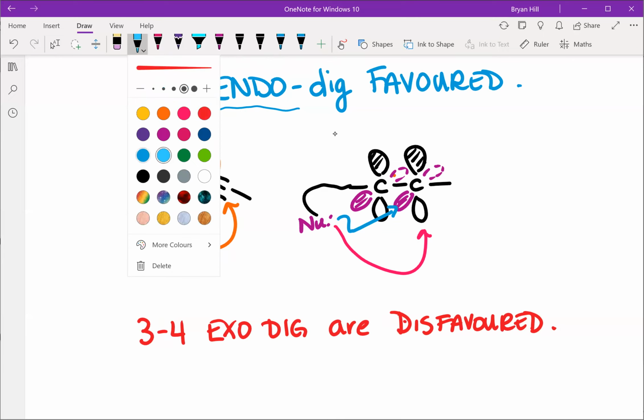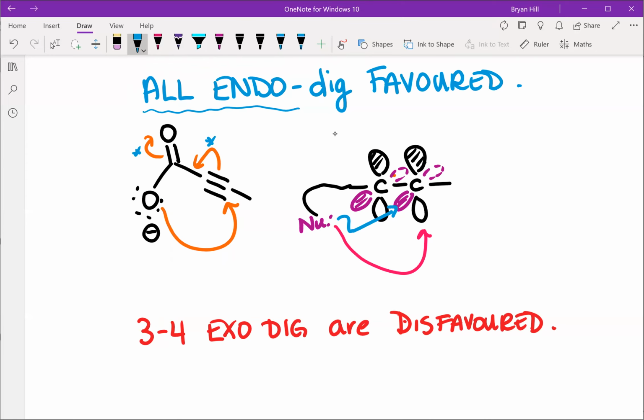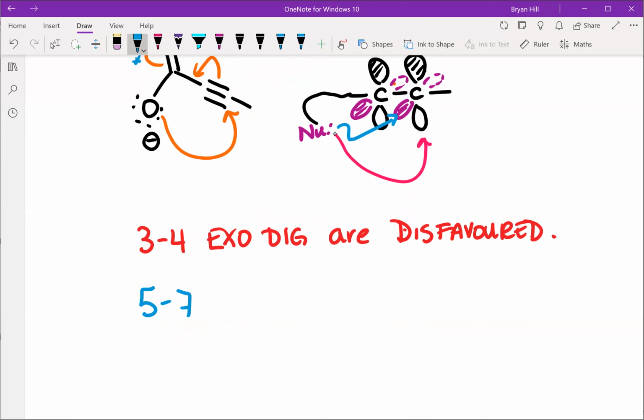But when you get to larger ones, 5 through 7 exo dig are favored.